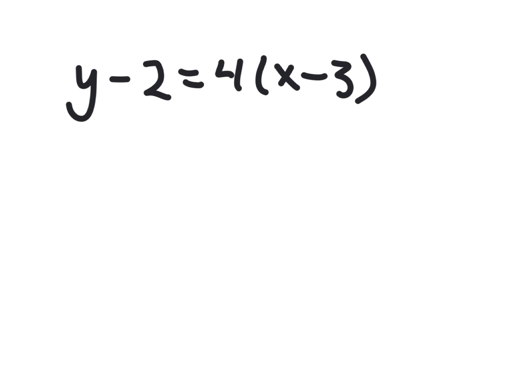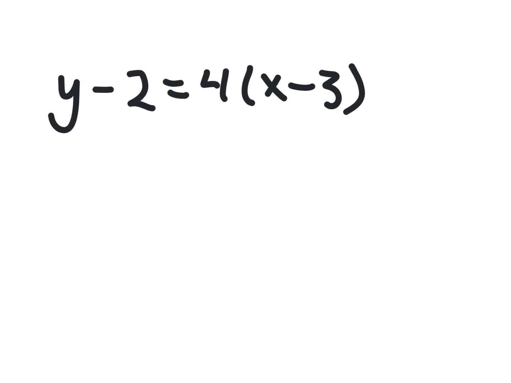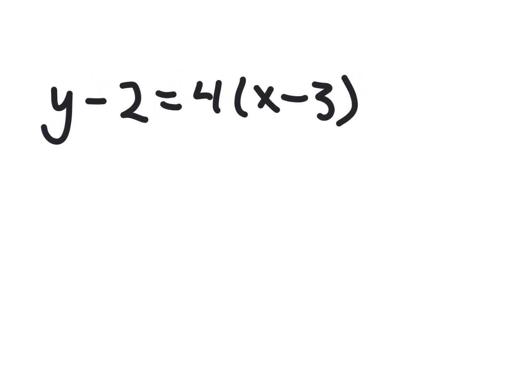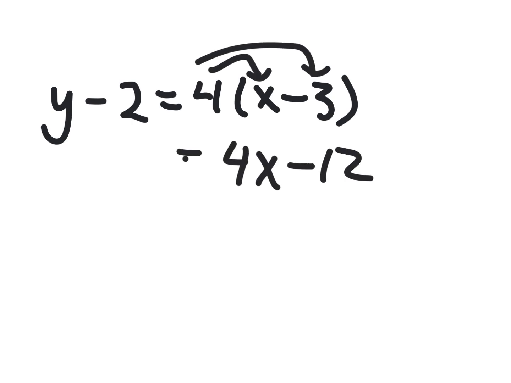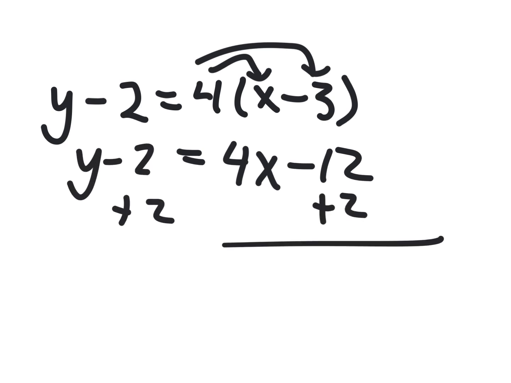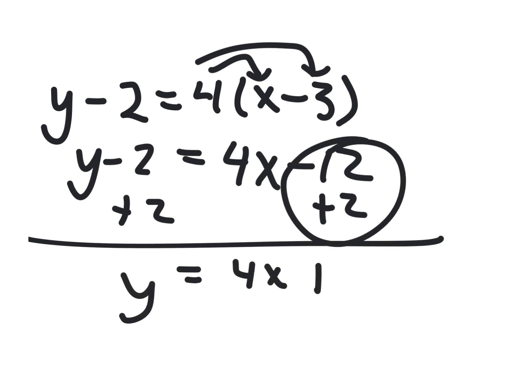Slope intercept, yes, good. Go ahead, make this into slope intercept. All right, so this is 4x minus 12. This was on your last test. And then we're going to add 2 to both sides. Y equals 4x, and that together makes plus 10.